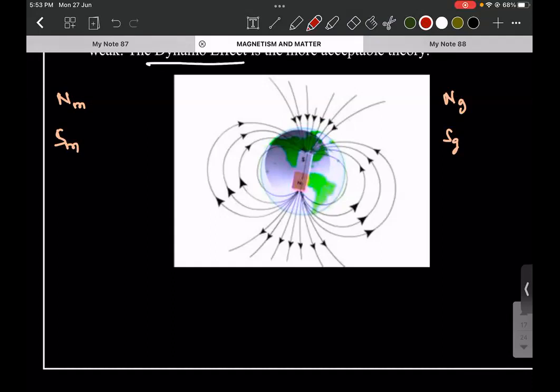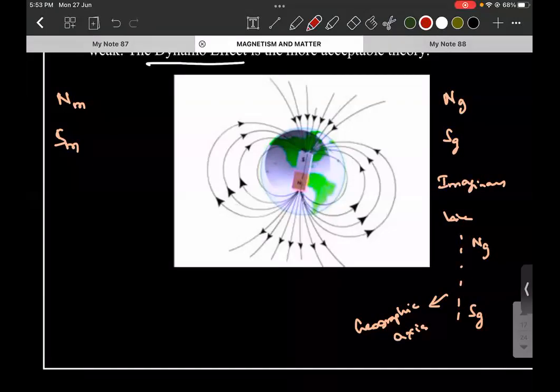This line is called the geographic axis.